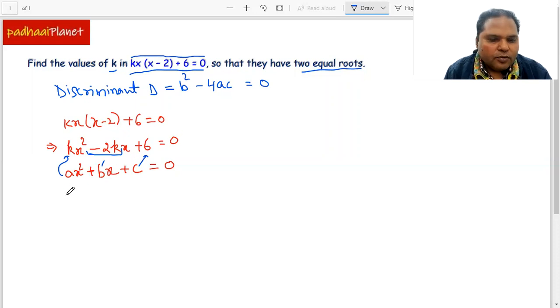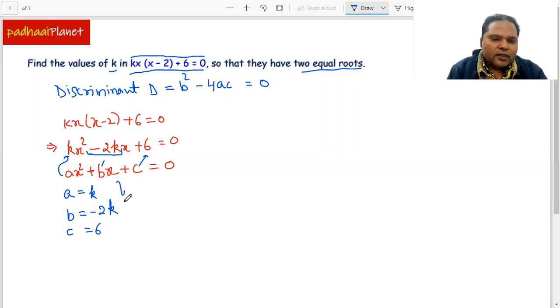Now let's write this clearly. a is equal to k, b is equal to negative 2k, and c is equal to 6.